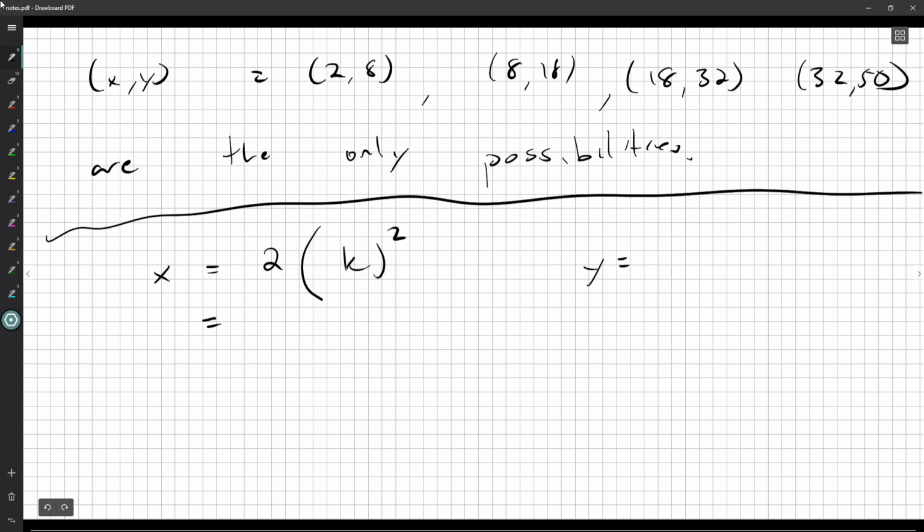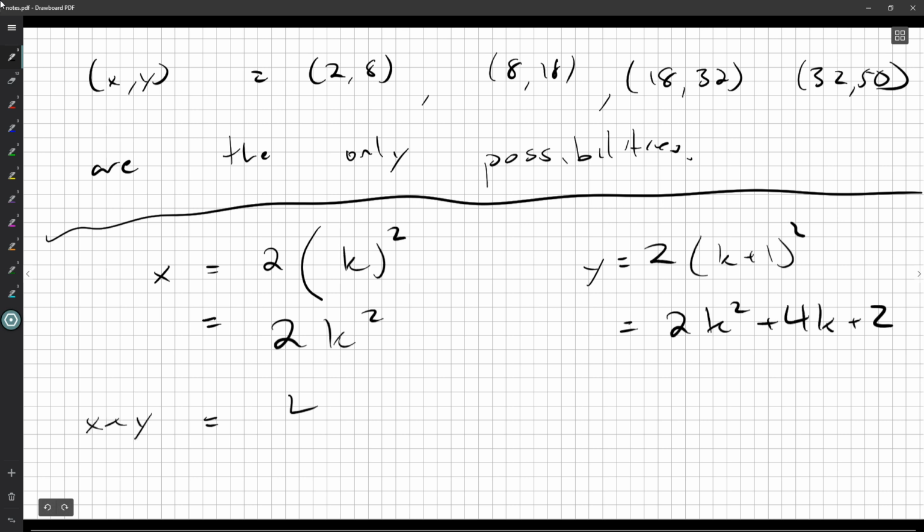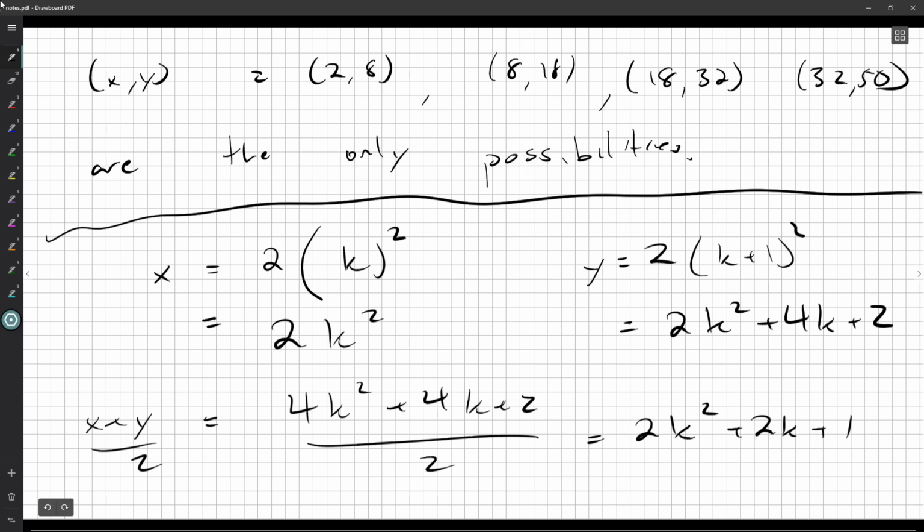So let's say 2 times k squared, 2 times k plus 1 squared. So 2k squared, and then 2k squared plus 4k plus 2. If you add those up, four k squared plus 4k plus 2, and divide by 2, you'll get 2k squared plus 2k plus 1.